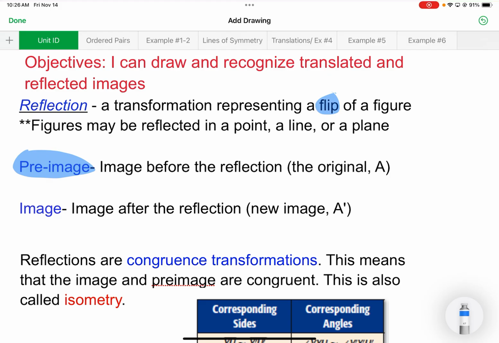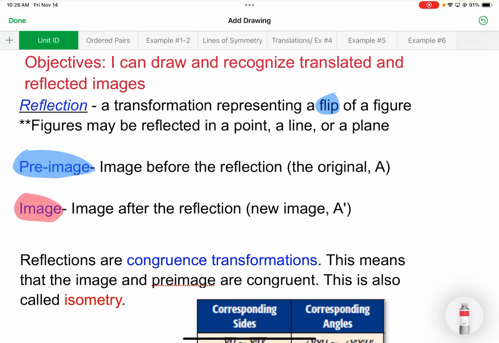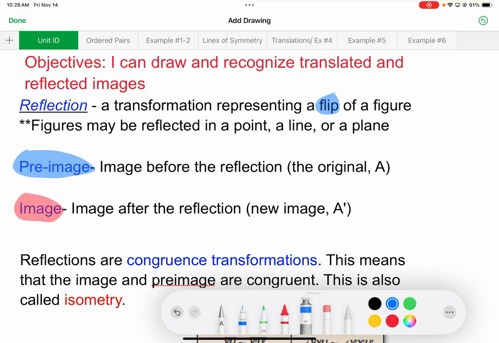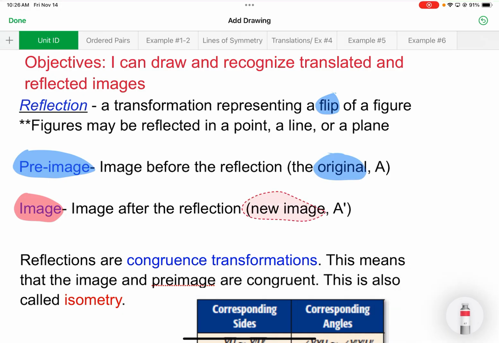Our image is the image after the reflection. So we're going to have pre-image and image. Pre-image is the original. Image is going to be the result. Things to keep in mind, because I'm going to use that vocabulary a lot as we go through this.